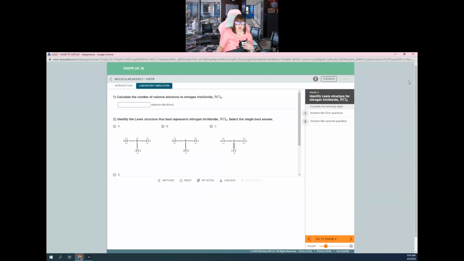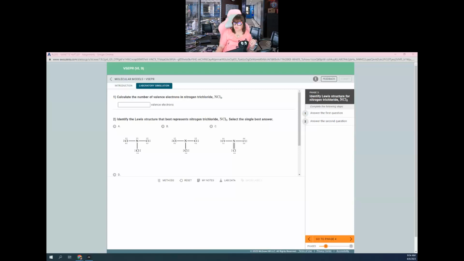You might want to practice looking at that VSEPR table that I have for you guys. I'm just going to load this to D12 so you can see it.